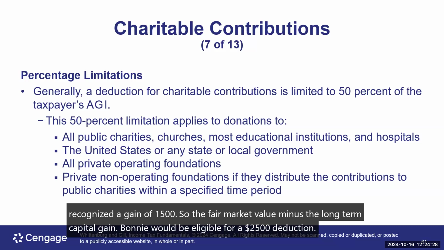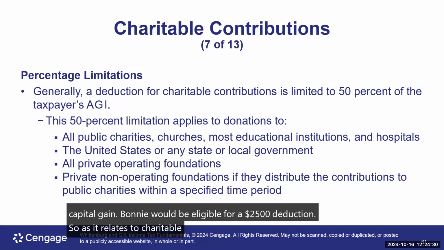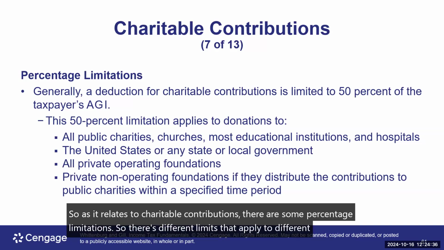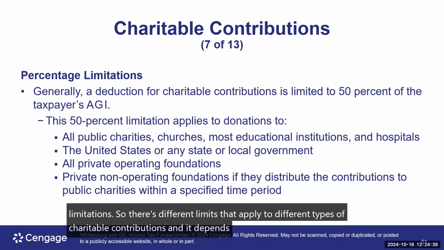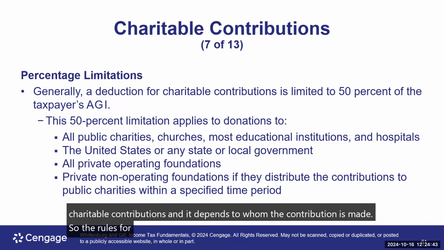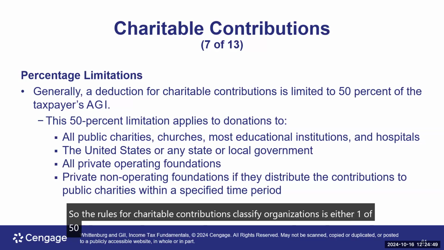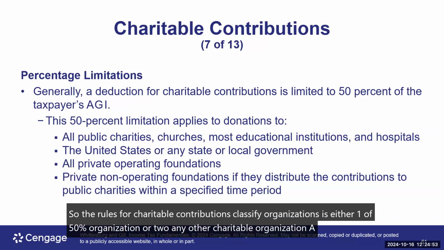So the fair market value minus the long-term capital gain, Bonnie would be eligible for a $2,500 deduction. As it relates to charitable contributions, there are some percentage limitations. There are different limits that apply to different types of charitable contributions, and it depends to whom the contribution is made. The rules classify organizations as either 1, a 50% organization, or 2, any other charitable organization, a non-50% organization.